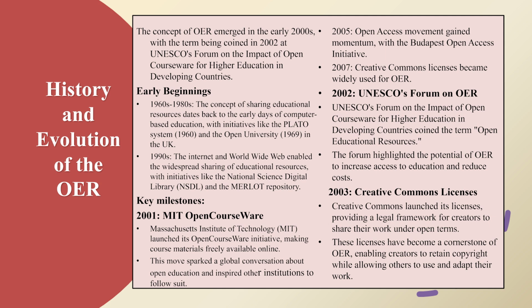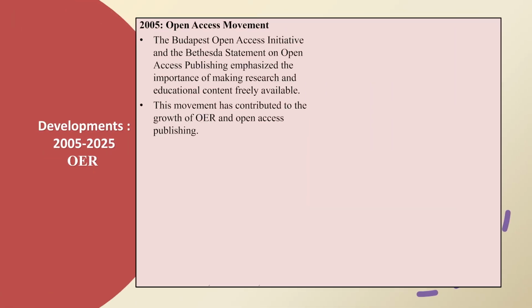So, friends, what are the developments in OER from 2005 to 2025? In 2005, the open access movement, the Budapest Access Initiative and the Bethesda Statement on Open Access Publishing, enabled the importance of making research and educational content freely available.